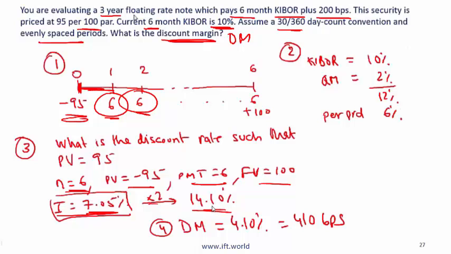So 14.1 is the discount rate being used to come up with a price of 95. But the question asks for the discount margin. The discount margin is the amount above the reference rate of 10%. So you do 14.1 minus 10%, which is 4.1%. In basis points, that would be 410 basis points.